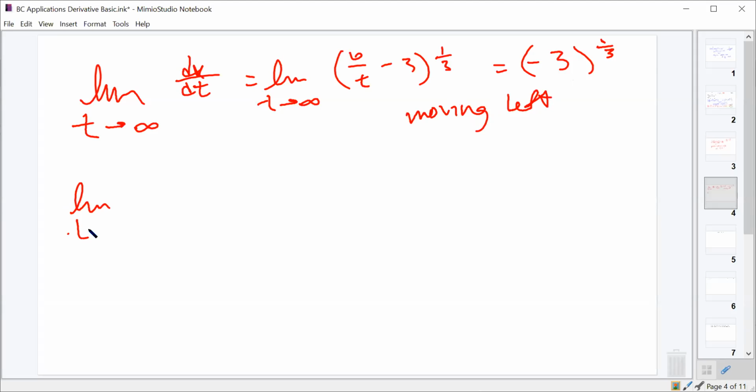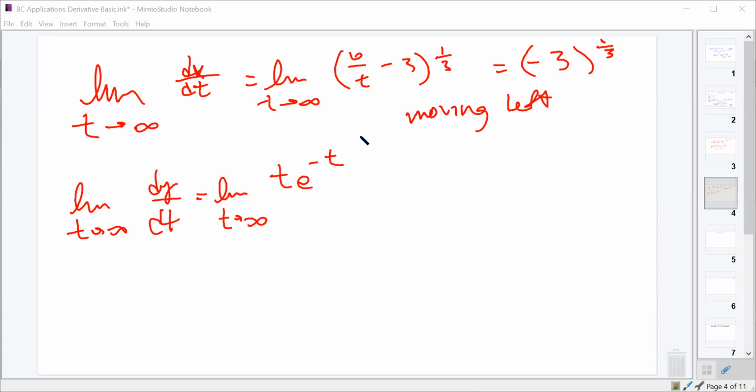And what about the limit as t approaches infinity of dy dt? That's the limit as t approaches infinity of, what was it, t e to the negative t, I believe. And so as we approach infinity, this becomes what? What is that limit equal? Yeah, exactly. It should be 0, right?